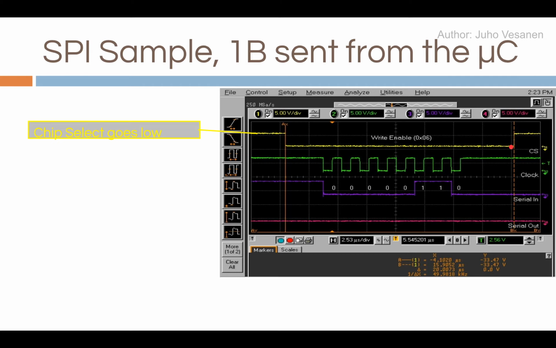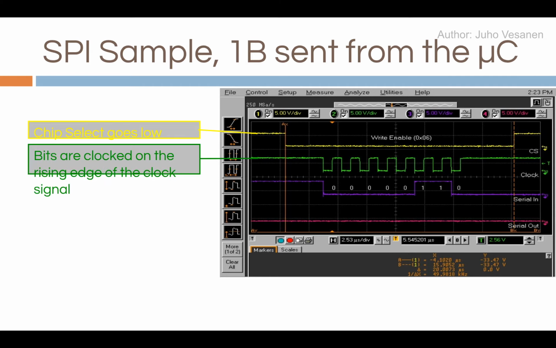So first, chip select goes low, bits are clocked, okay, and this is the rising edge of the clock signal, and every time you have a rising edge you actually can read. So here at the rising edge we have 0, 0, 0, 0, 0, 1, 1, and 0.